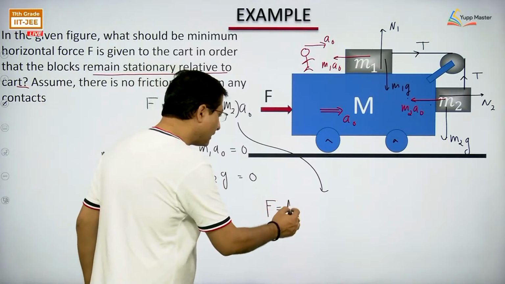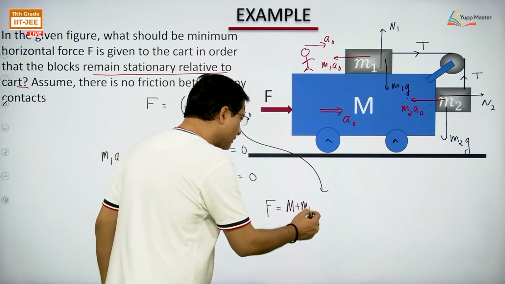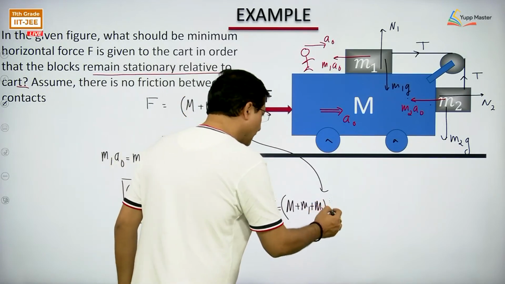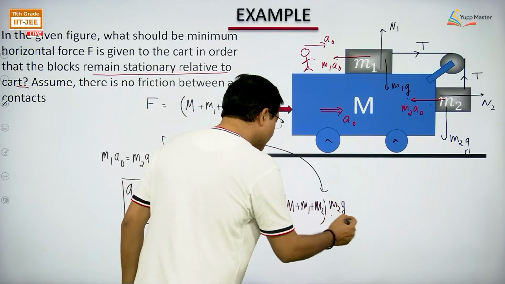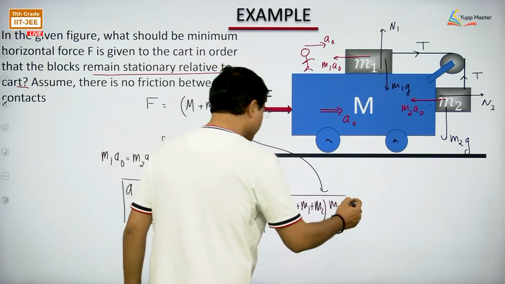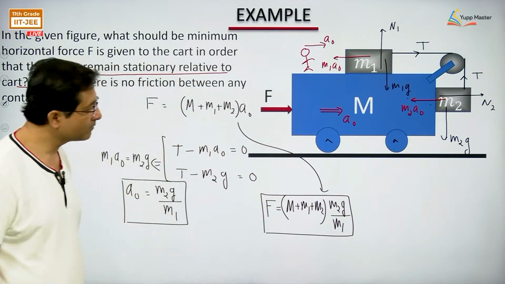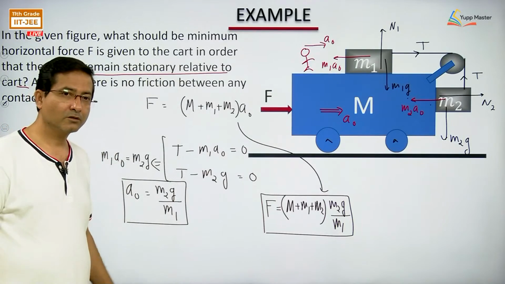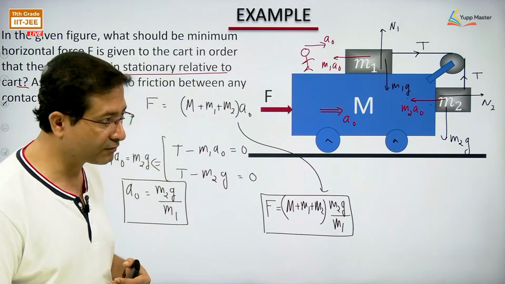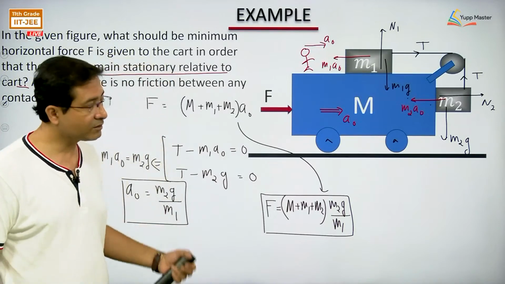So we are getting M plus M1 plus M2 into M2g divided by M1. So this is the force. This is the critical value of the force for which there is no relative motion.